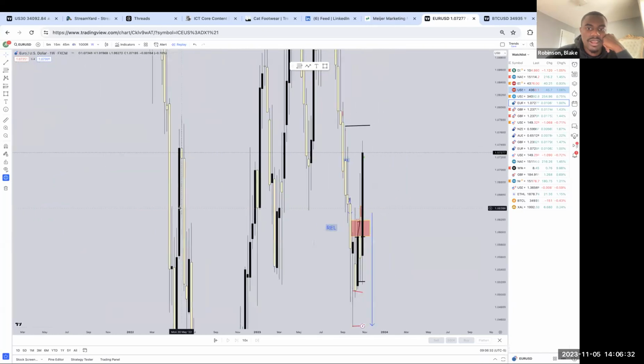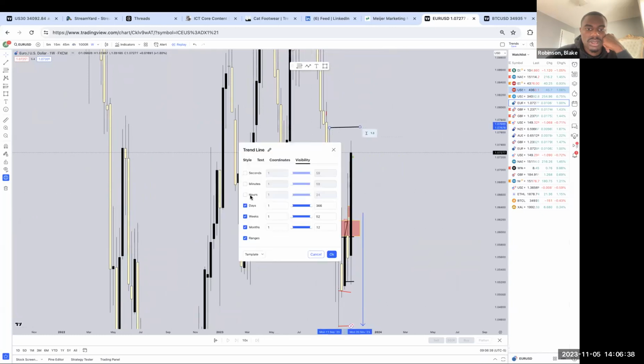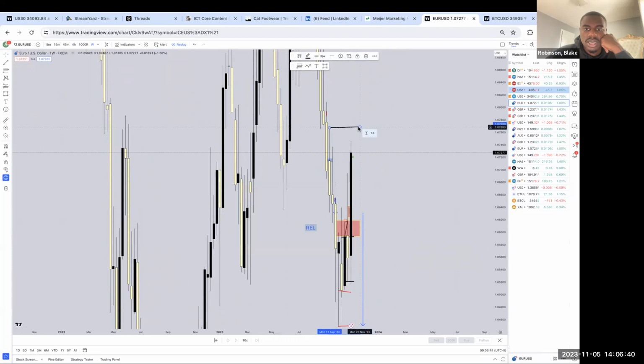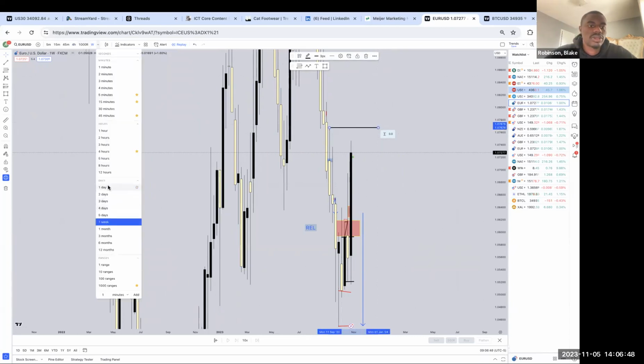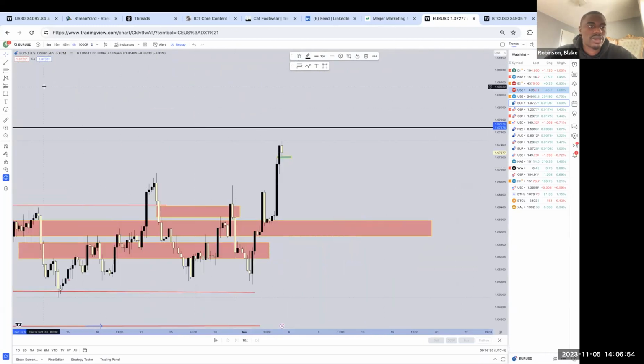I'm sorry, trade all the way up to this high right here, which is at 1.068 on the daily time frame. So I wouldn't be surprised if we get a pullback into that zone, just a slight pullback.